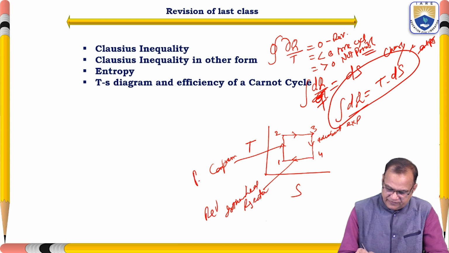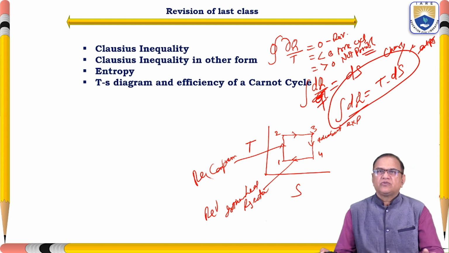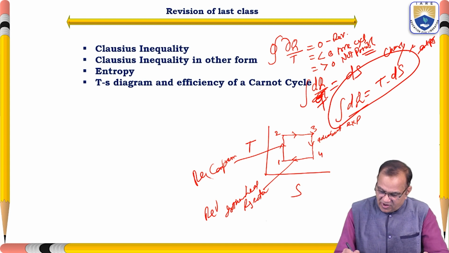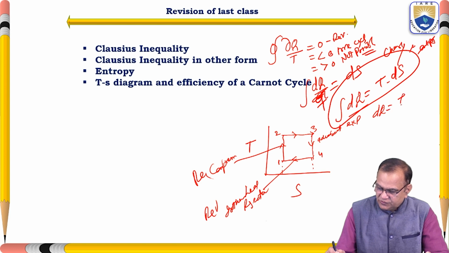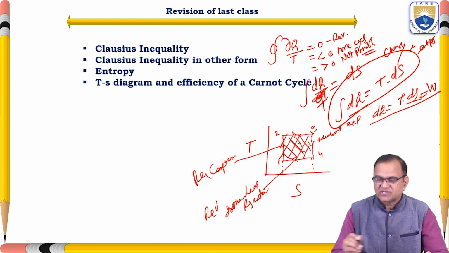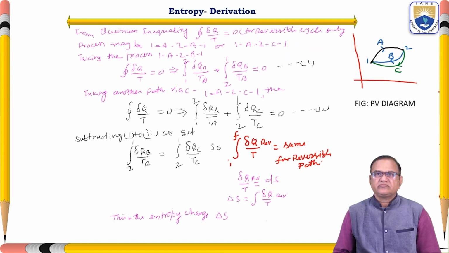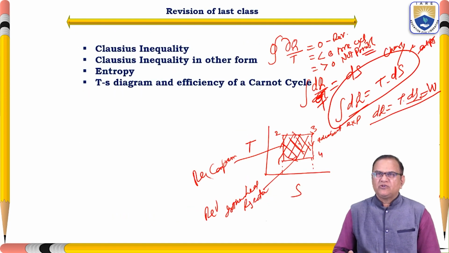All are reversible. So this is the TS diagram, and from it we can find the work done. Q is equal to T into dS, so the area will give how much heat is needed, and from the first law of thermodynamics this will give the work done.